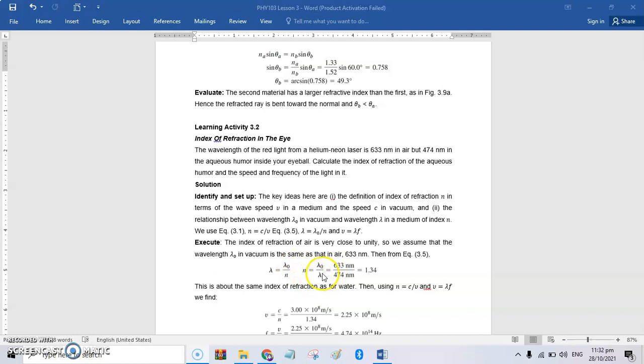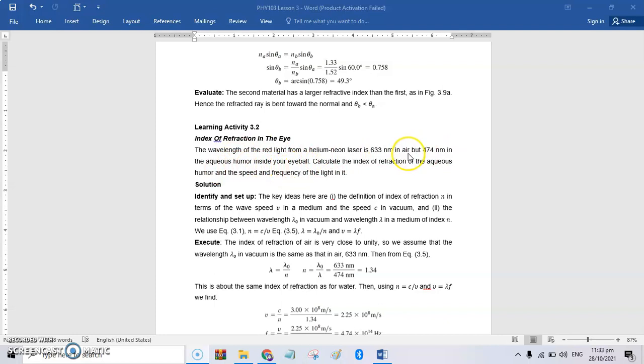Again, the index of refraction is equal to the 633 in air over 474 sa aqueous humor inside your eyeball. Okay? 633 nanometers in air but 474 nanometers in the aqueous humor inside your eyeball.